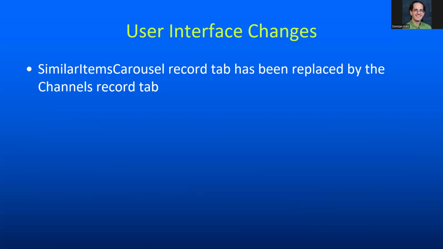And by default, the channels record tab is configured to just show similar items. So this means that we have all the same functionality we did before, but with less complicated code and less redundancy. And if you want to change the similar items tab to do something more than it used to, it's as simple as configuring channels.ini, and you can load all kinds of other information into your record page.